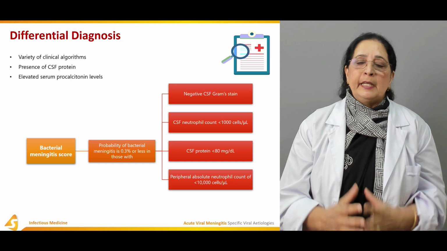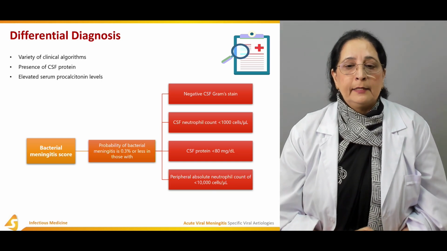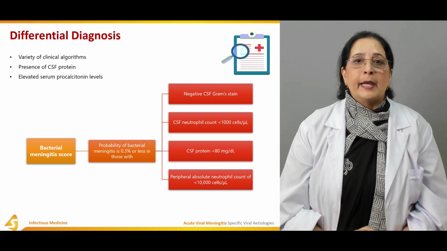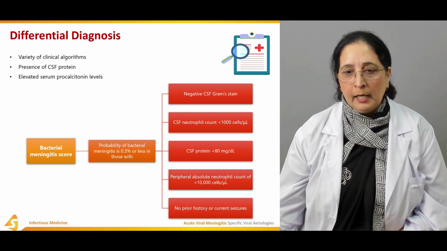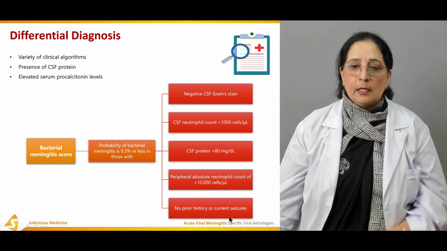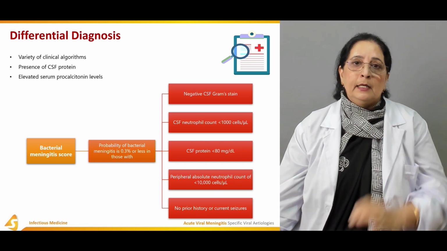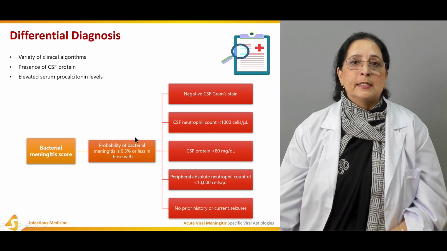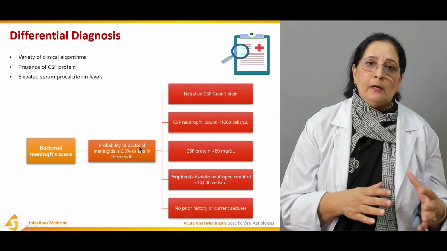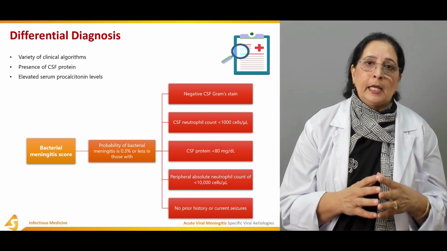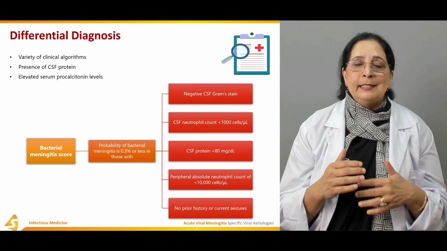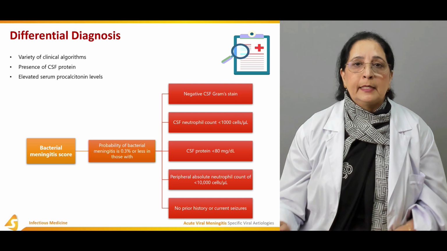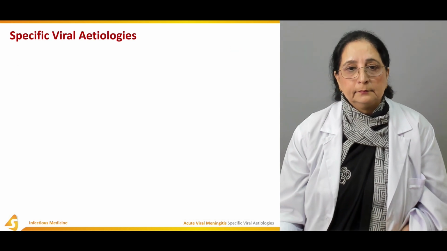So these are some very important features that give the clue that it is less likely to be due to bacteria. And no prior history or current seizures, then it's very unlikely. So these are important characteristics that decrease the likelihood that it might be bacterial meningitis.